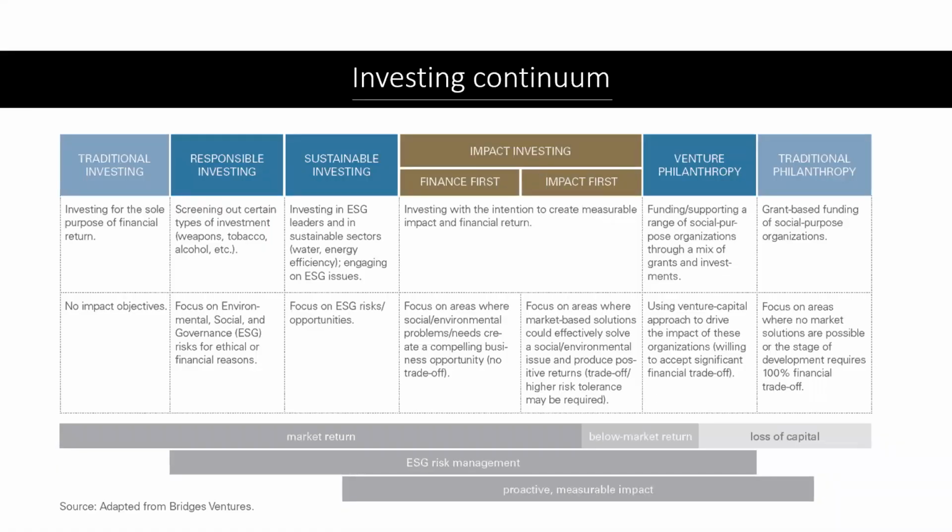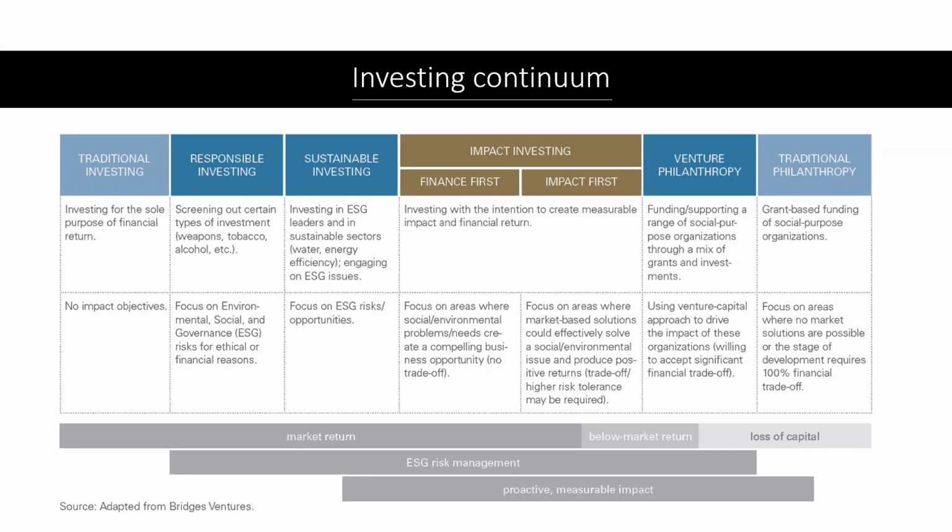So this is basically the investing container, which I believe Christian has already talked about in his presentation. We're looking at moving from traditional investing all the way through that spectrum to traditional philanthropy, where in most cases under traditional investing, the focus is basically on market return.